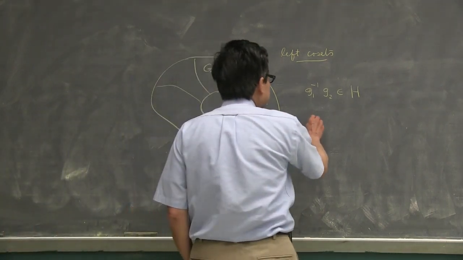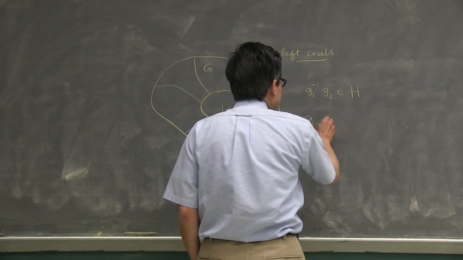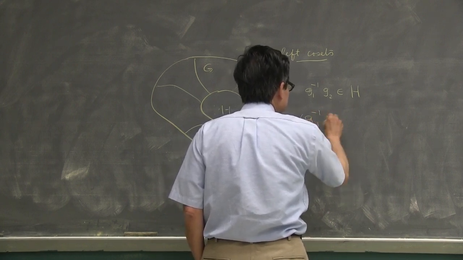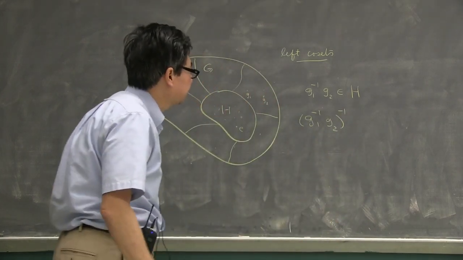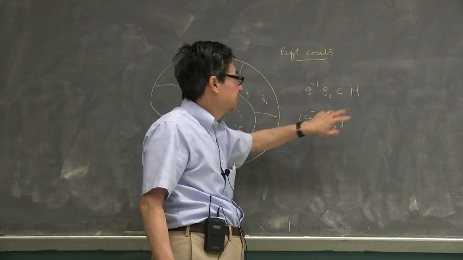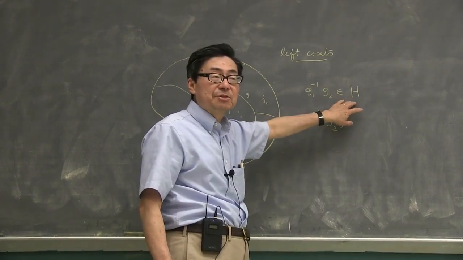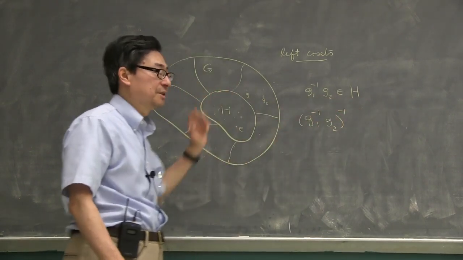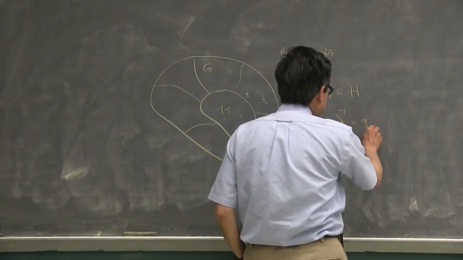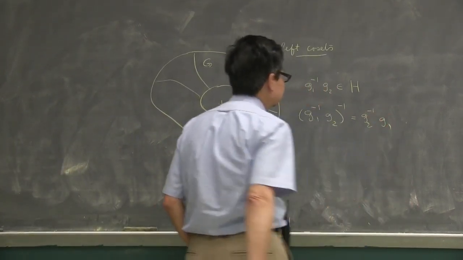Why? Because if you write G1 inverse G2, the inverse of that, if this thing is in H and H is a subgroup, then the inverse of this must be in H also, because H is a subgroup. But the inverse of this is G2 inverse G1.